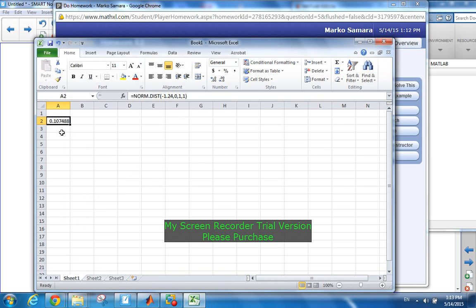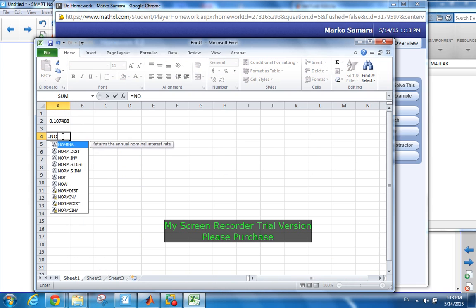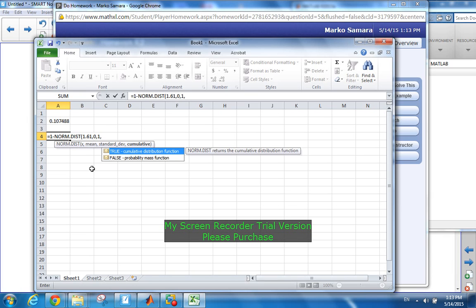The alternative way would be to use Excel. So let me do it here. Equals, we need 1 minus the cumulative distribution up to 1.61. So you see we have 1 minus norm.dist of 1.61, comma 0, comma 1, comma cumulative, yes, so that means 1.